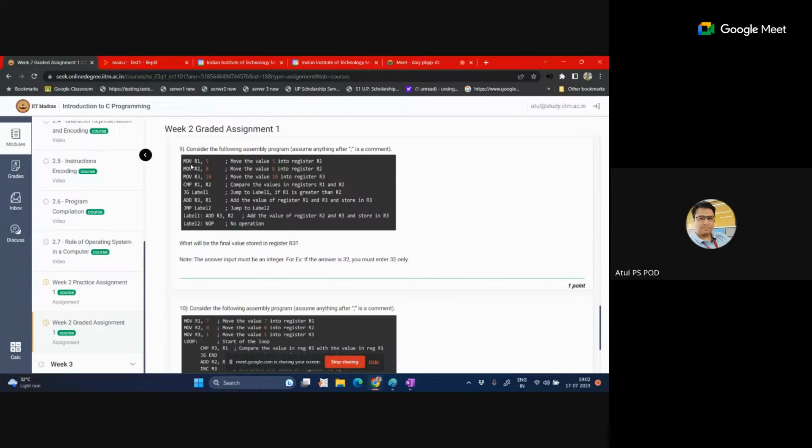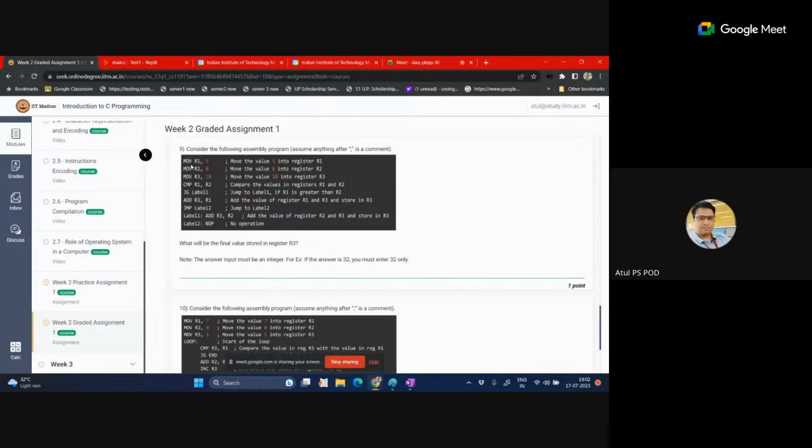What are the steps? Move the value 5 into register R1, so R1 equals 5. In the next step, we assign R2 equal to 8. Third step, R3 equal to 10. Now the next step is comparing the value of register R1 and R2.